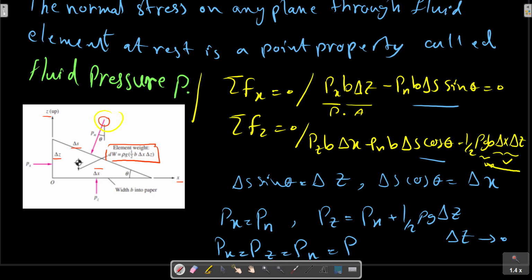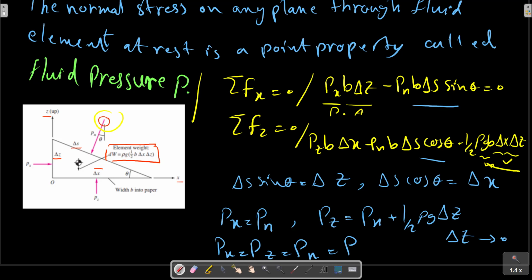Since theta is arbitrary, we conclude that the pressure P in a static fluid is a point property independent of orientation. So this derived relation admits that the pressure is a point property in the fluid.